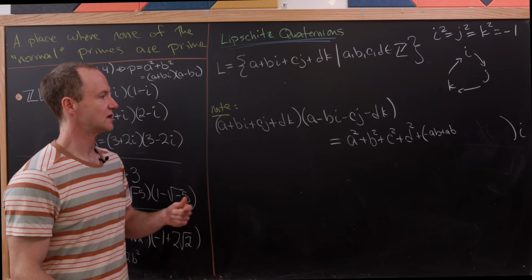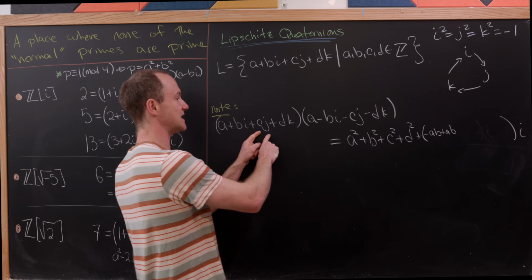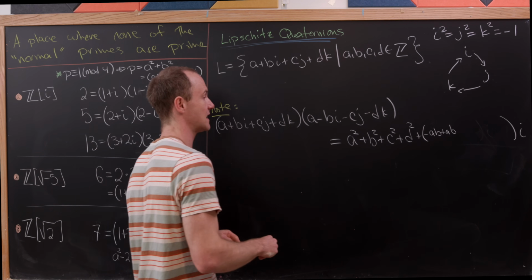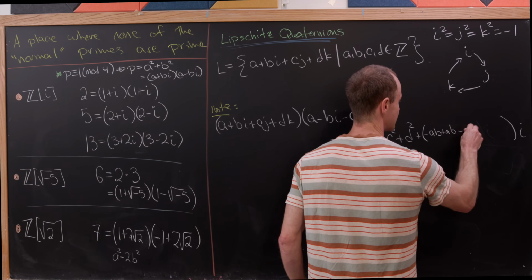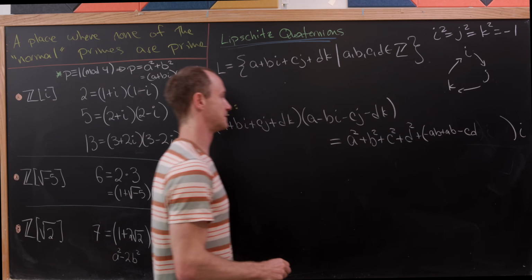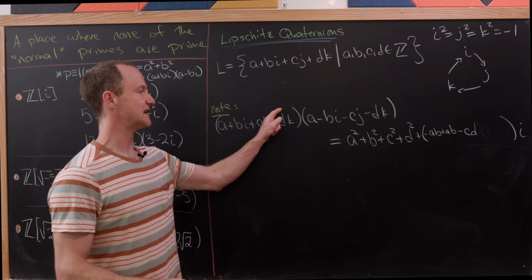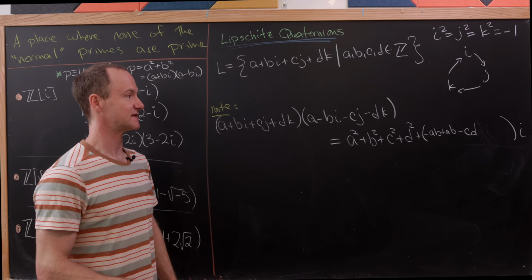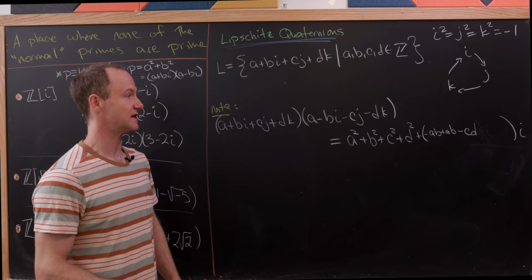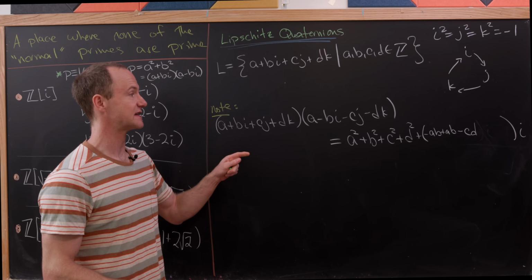Well, yes, we do. Let's observe that we get cj times dk, but since j times k is i, that's going to give us a negative c times d. And then we also get dk times minus cj, I should say, but that's going to be cd and then k times j.